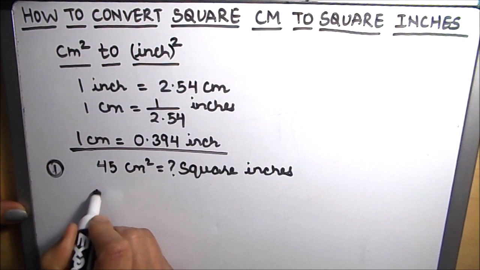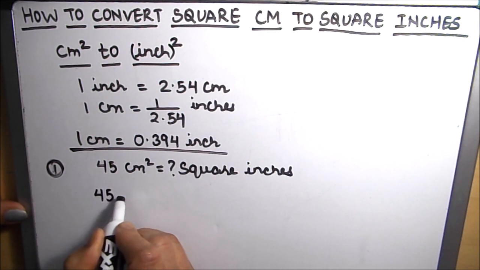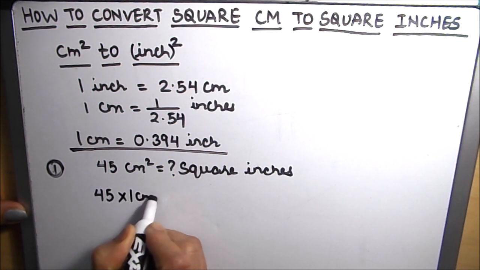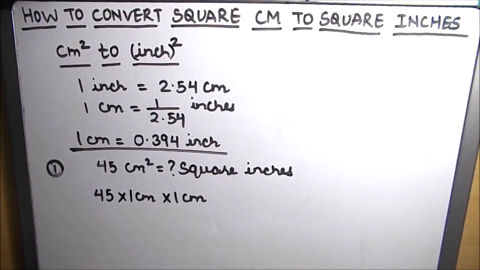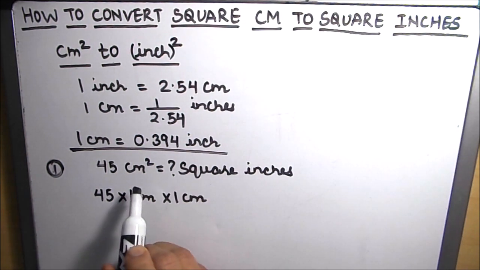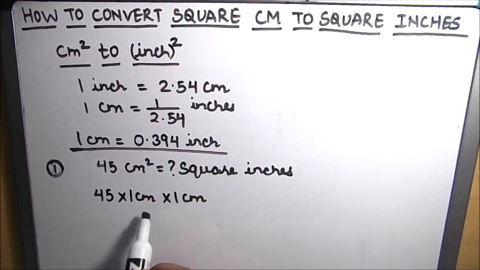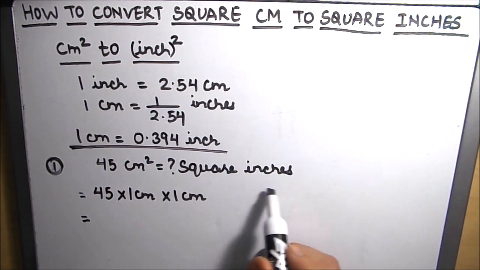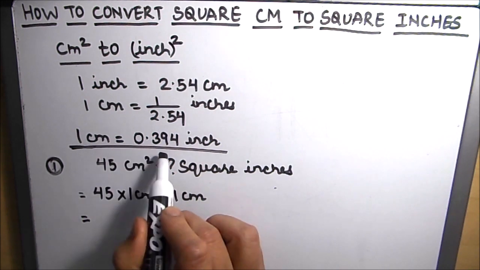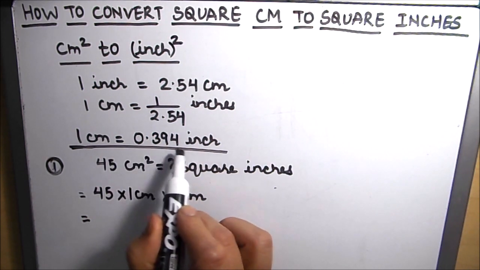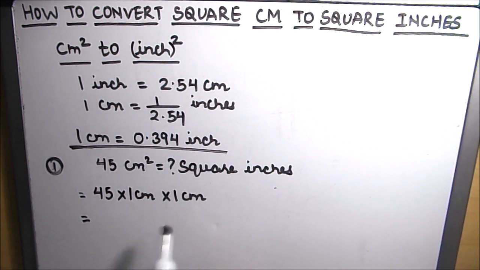So 45 centimeters square we can write as 45 times 1 centimeter times 1 centimeter. Centimeter square means we have to multiply by centimeter 2 times. Now as we are converting it into inches, we need to put the relation 1 centimeter is equal to 0.394 inches 2 times here.